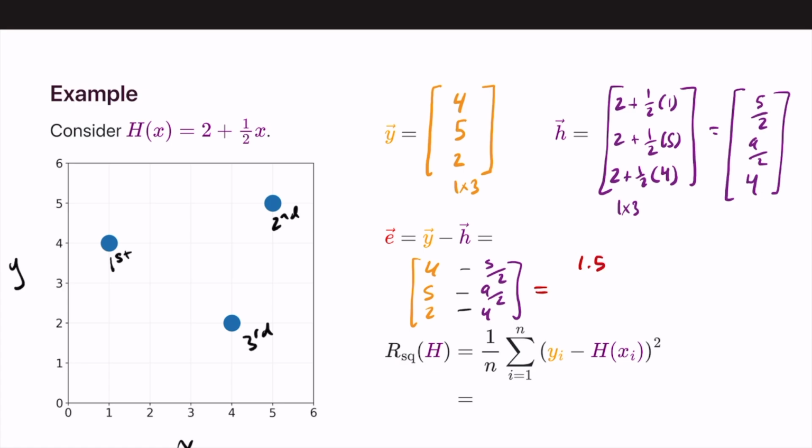And 5 minus 9 over 2 is like saying 9 over 2 is 4.5, so 5 minus 4.5 will give us 0.5. And then 2 minus 4, the real tough one, is negative 2 in this case. So that's our error vector.